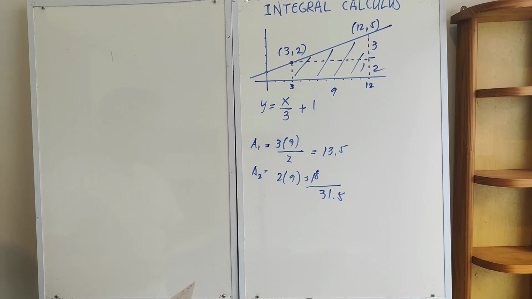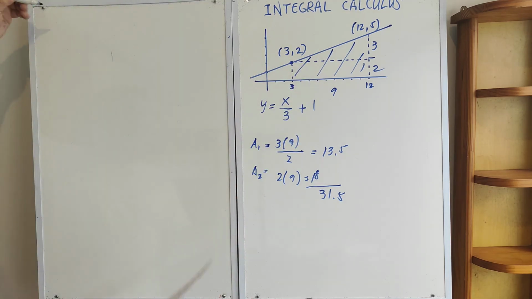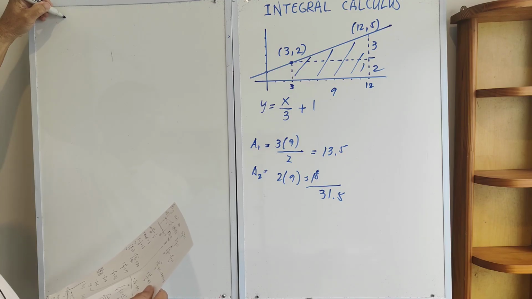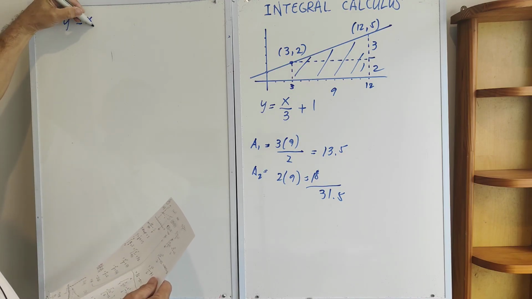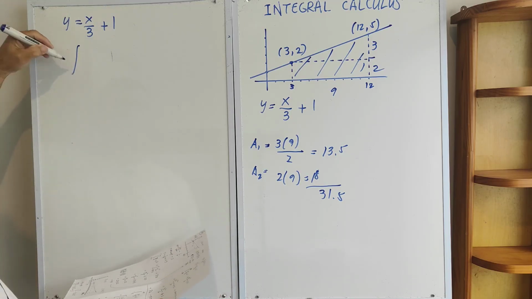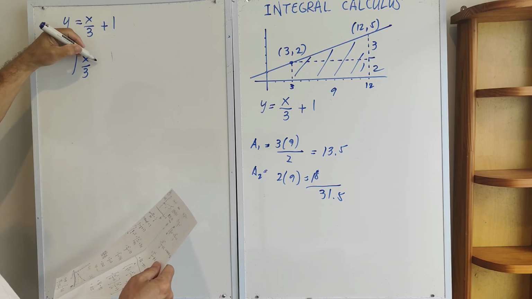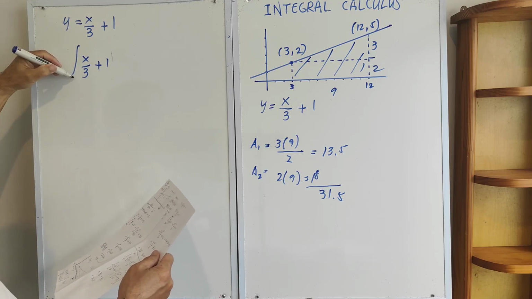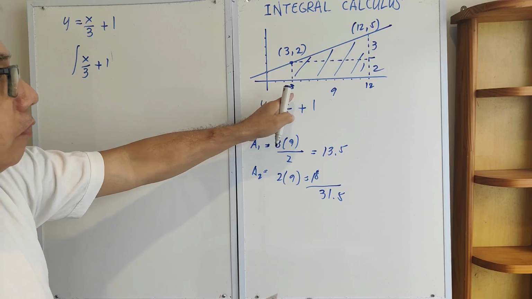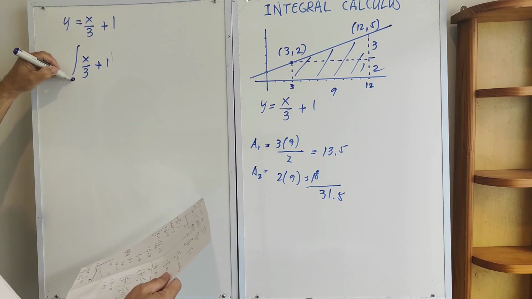Now let's use the integration process to find the area. So we have the equation y is equal to x over 3 plus 1. So let's integrate x over 3 plus 1 from 3 to 12.